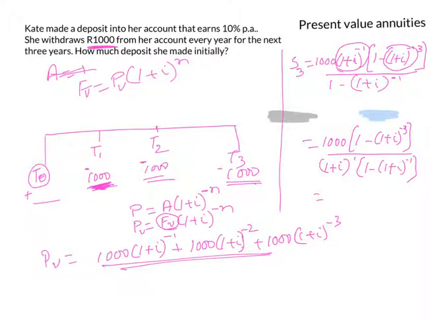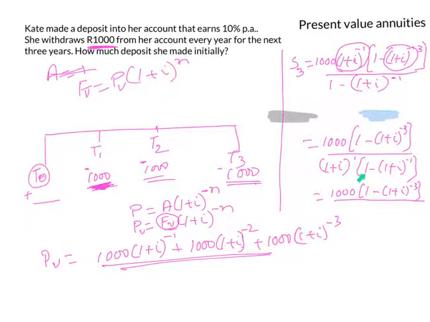Now within this I open these brackets, so 1000 times 1 minus (1 + i) to the power of negative 3. Oh, why am I writing this plus here, it is supposed to be minus. I expand this, so it becomes 1 + i. If I expand this, what will happen?